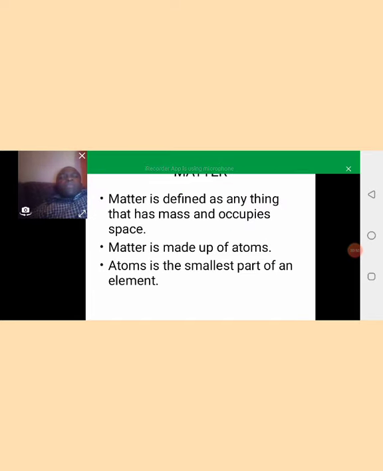Now, what is matter? Matter is anything that has mass and occupies space. Take note that matter is made up of what? Of atoms. The question is, what is an atom? An atom is the smallest particle of what? Of an element. Take note of that. Your atom is subdivided into three particles, which are the proton, the neutron, and the electrons.